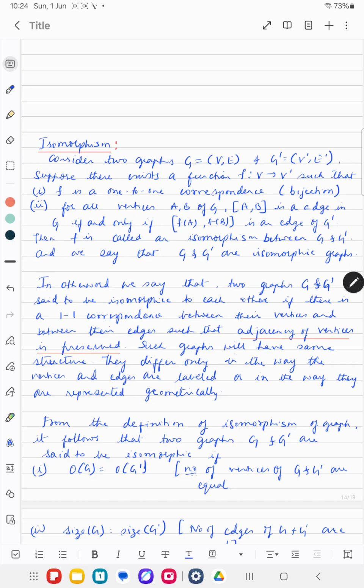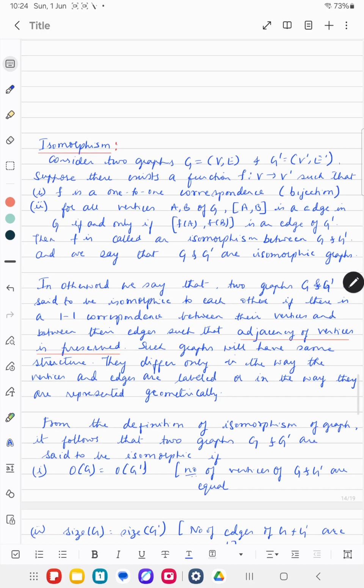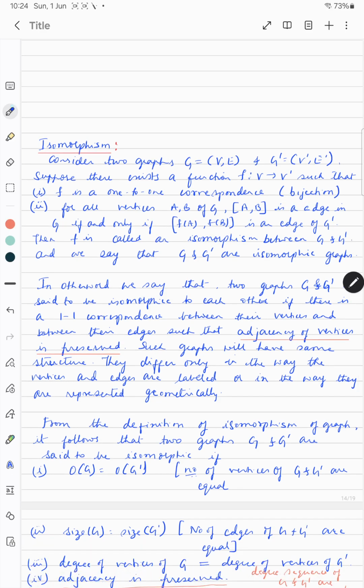So let us consider two graphs G and G dash with vertex set and edge set V, E and V dash, E dash respectively. Suppose there exists a function f from V to V dash such that f is a one-to-one correspondence. This is very important. F is a bijection. So let me just underline that.